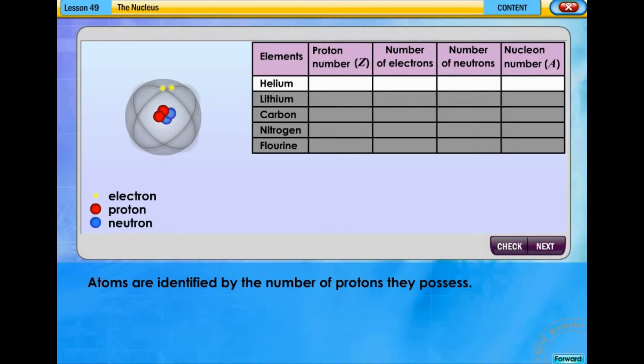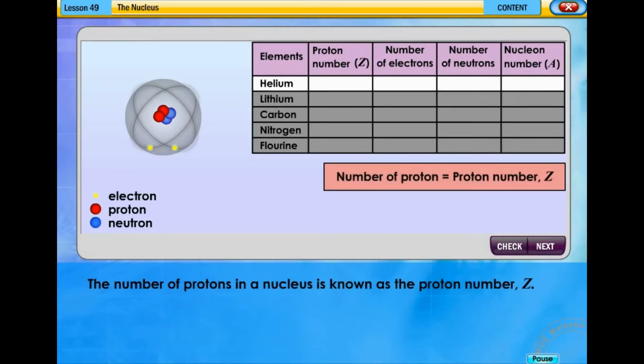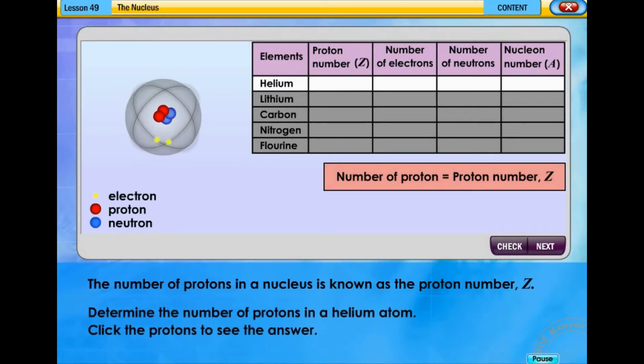Atoms are identified by the number of protons they possess. What term is used for the number of protons in a nucleus? The number of protons in a nucleus is known as the proton number Z. Determine the number of protons in a helium atom. Click the protons to see the answer.